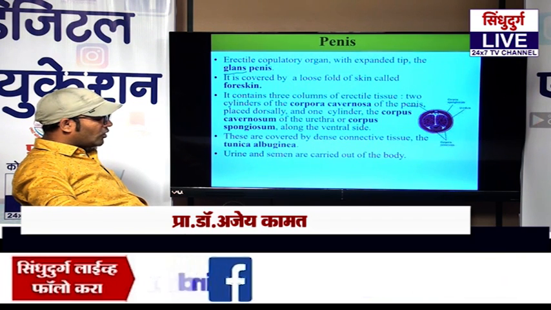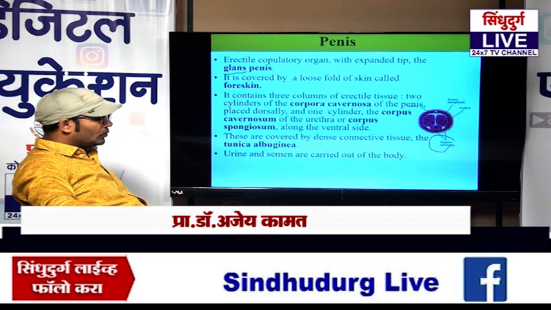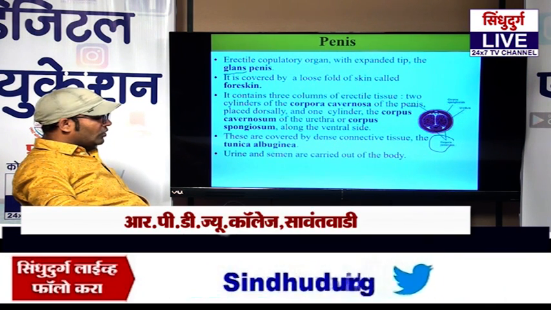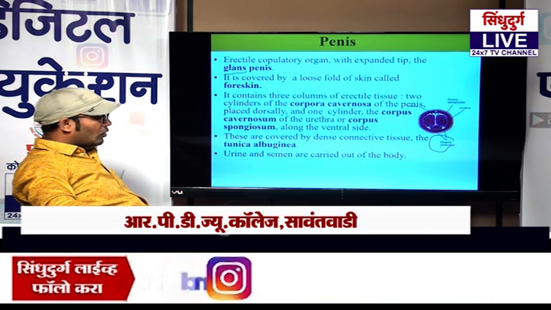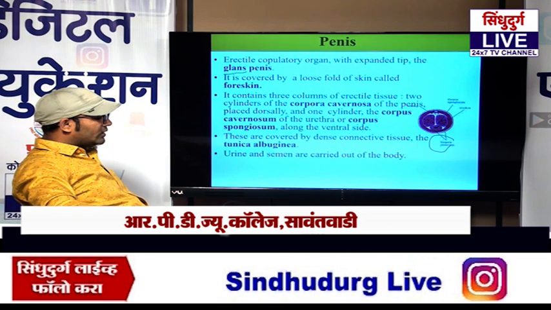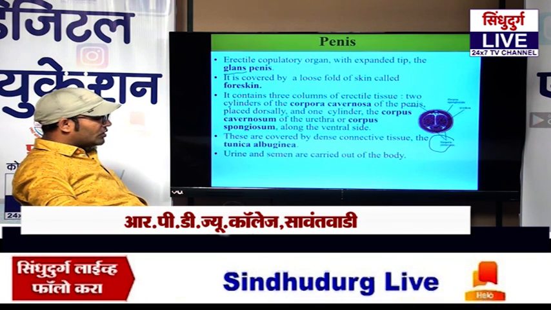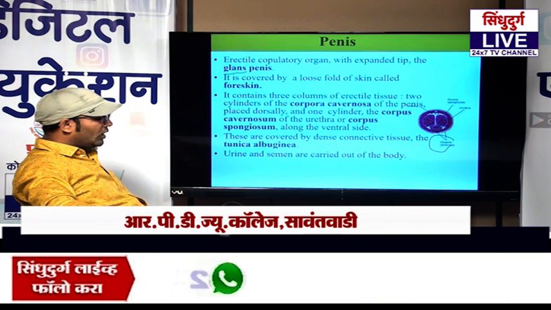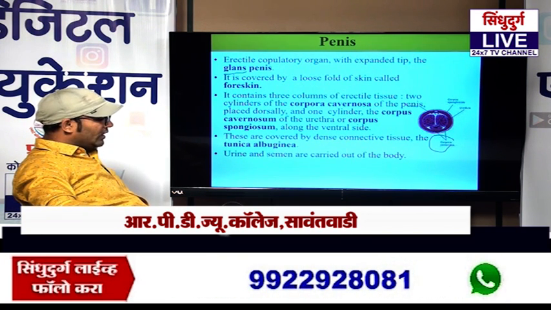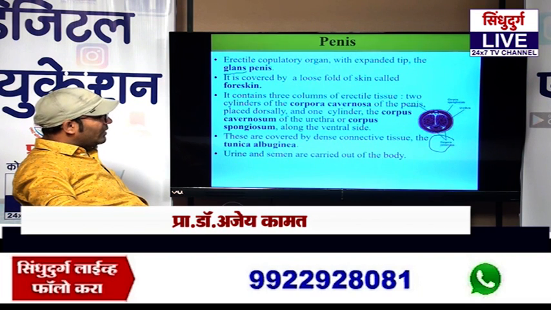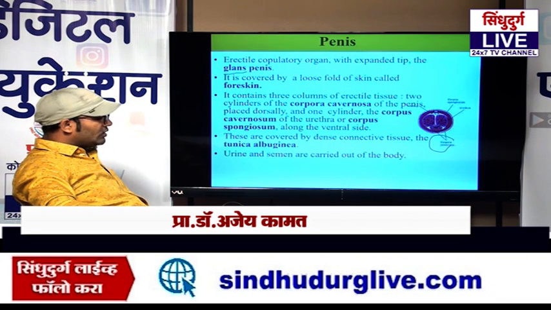Here in the diagram you can see the corpora cavernosa, two placed on the sides. Along the ventral side is one cylinder, the corpus spongiosum, which surrounds the urethra. These are covered by dense connective tissue, the tunica albuginea. The penis carries both urine as well as semen, hence it is the urinogenital tract.